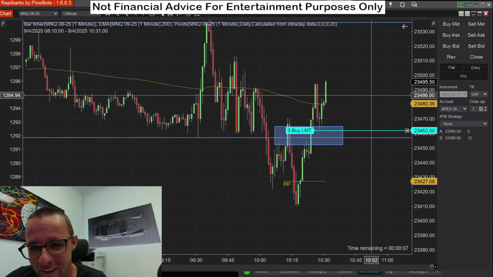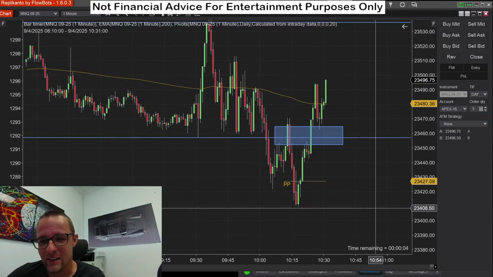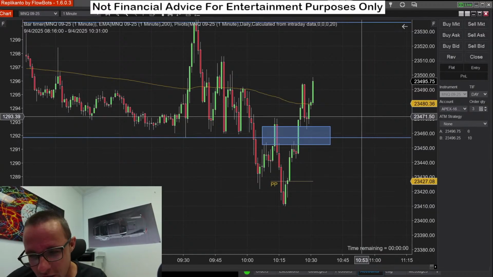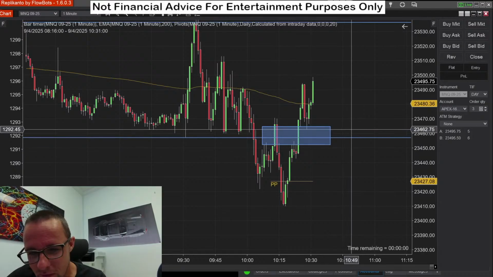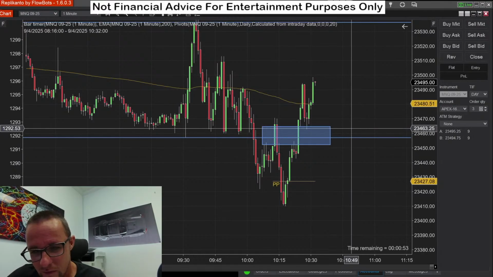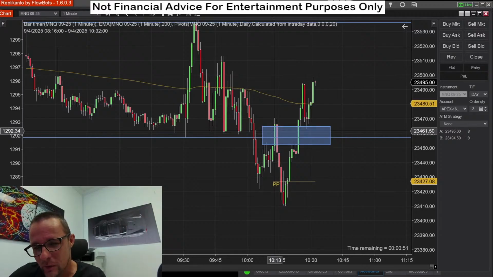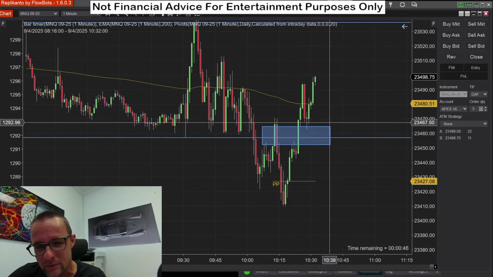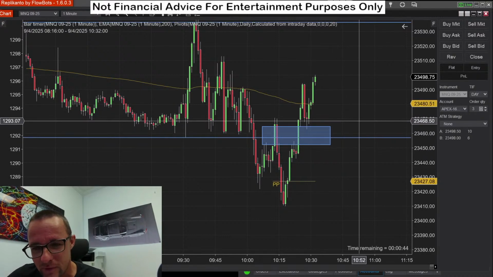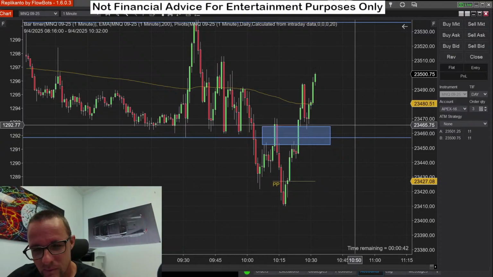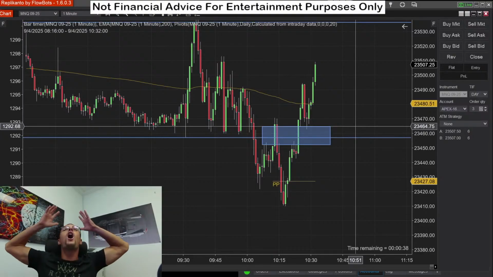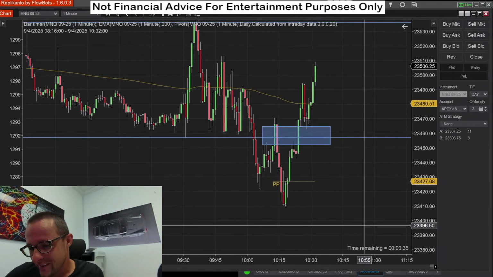No! What an amazing trade. I should have had my entry at the bottom of this candle, at this wick, the beginning of the gap. All it would have to do is tap into the gap, which it did. It just tapped into the gap and then left without me. That's my fault. I should have had it literally at the bottom of this candle. Bruh! No! It left me!